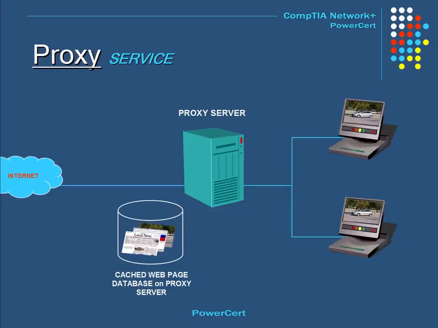It can simply retrieve it from its database and send it to the user. So a benefit of using a proxy service is speed, since web page retrieval is much faster. Another benefit is that it saves bandwidth, because a proxy server reduces the need to go out on the internet. And finally, it provides security, because it reports what web pages are retrieved to the network administrator.